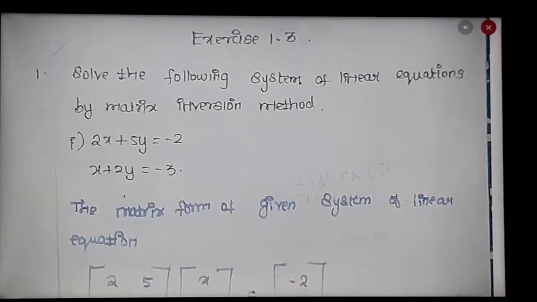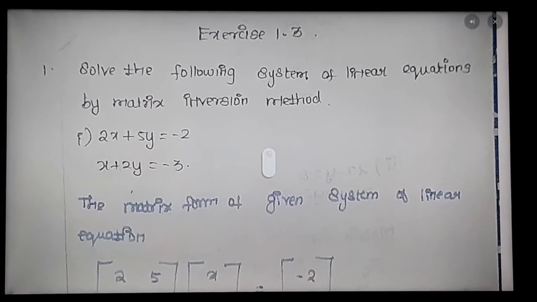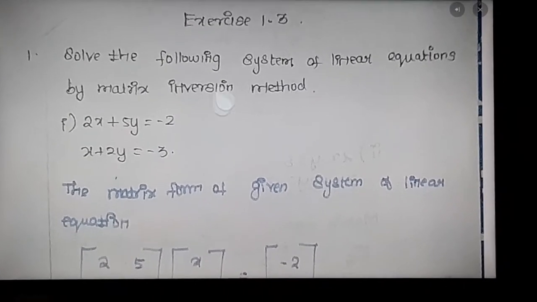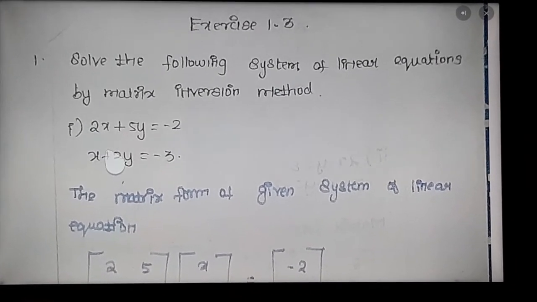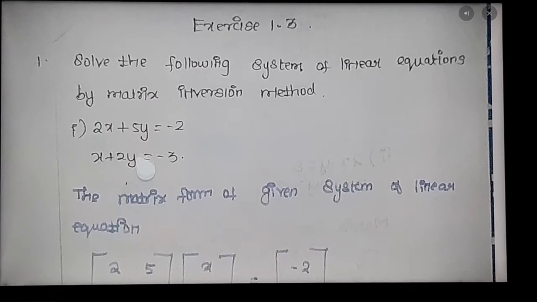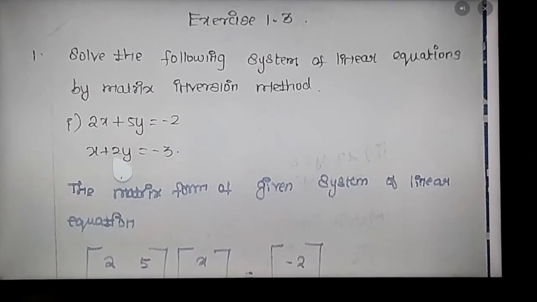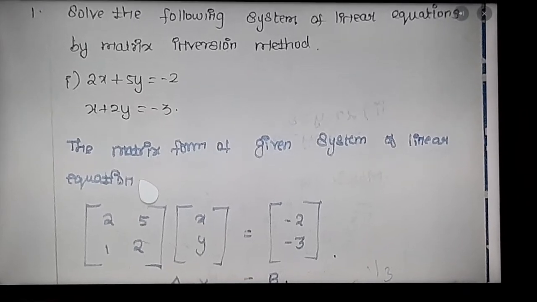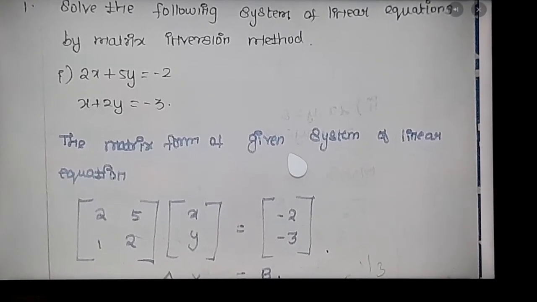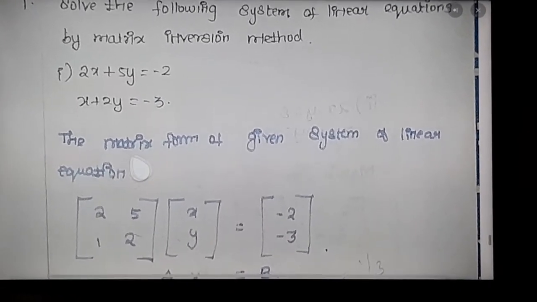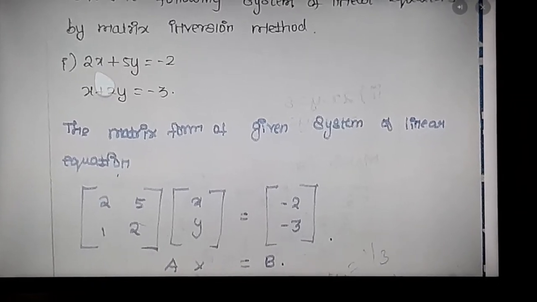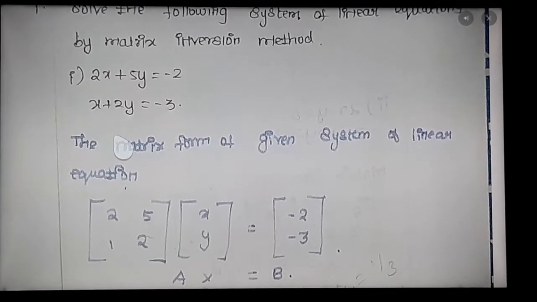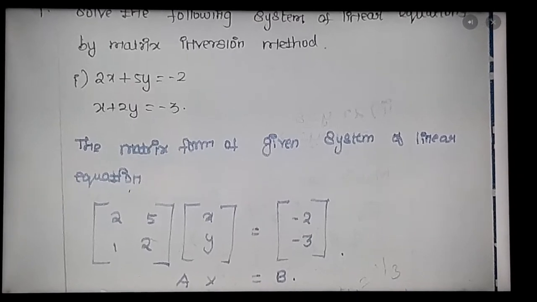Exercise 1.3, first question. Solve the following system of linear equation by matrix inversion method. The first subdivision: 2x plus 5y is equal to minus 2, x plus 2y is equal to minus 3. Now we will write the matrix form of the given system of linear equation. We write the coefficient of x and coefficient of y of the first equation, and of the second equation.